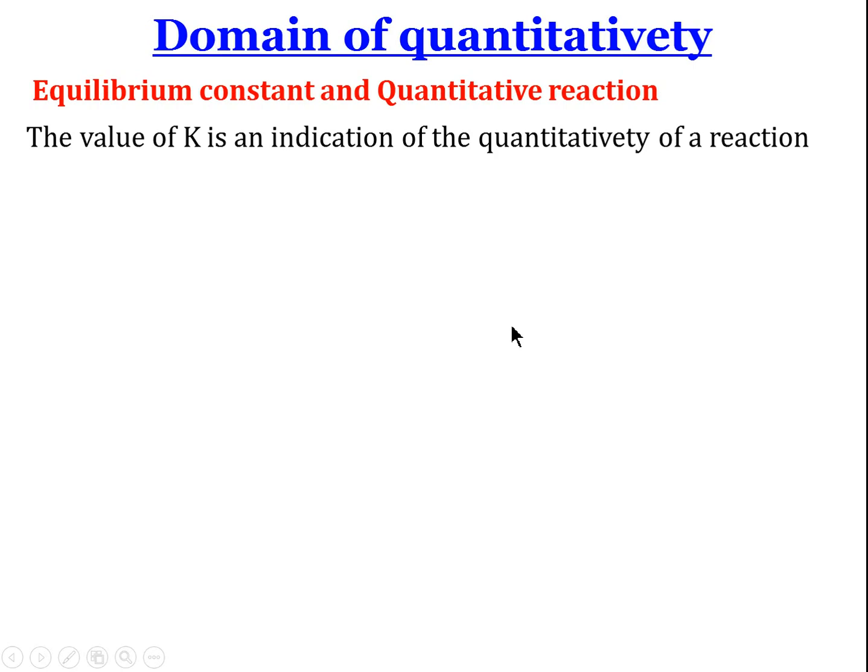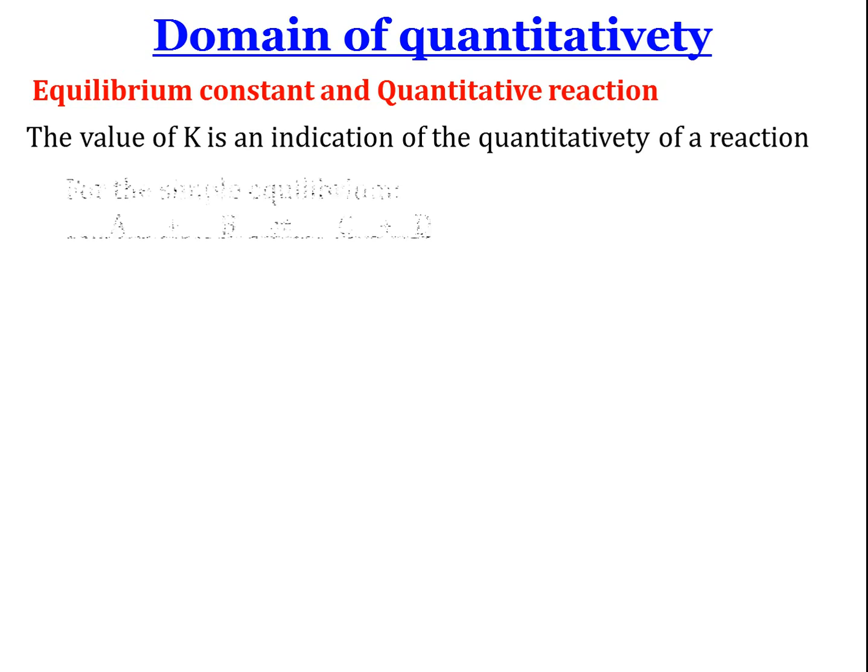As we said before, the value of K is an indication about the quantitativity of a reaction. If the value of K is very high, the reaction is advanced. When the value of K is greater than S, which is the condition of quantitativity, the reaction is complete and quantitative.